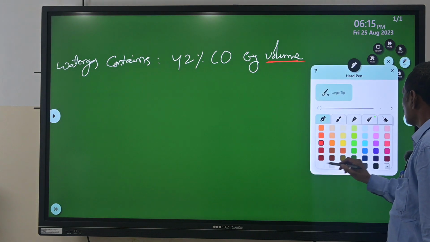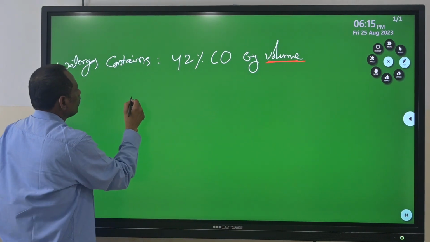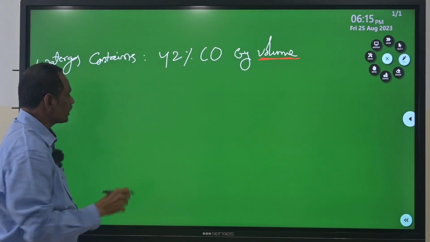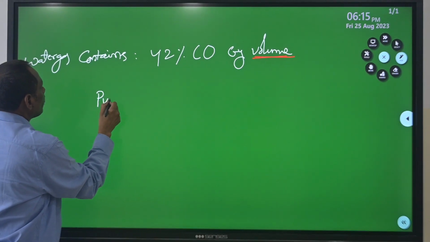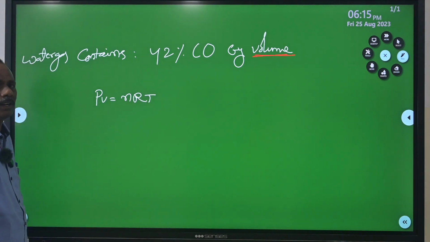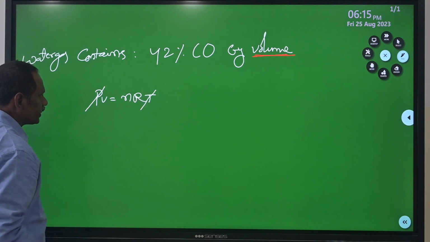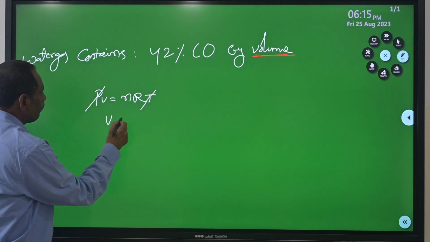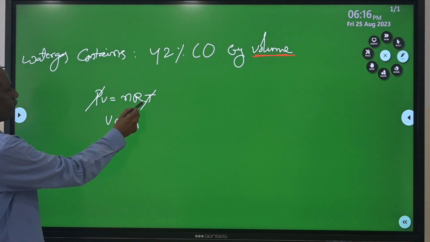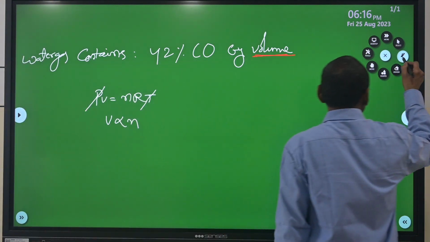That means the water gas contains 42% by volume. Here the principle is PV equals nRT at constant pressure and constant temperature. V is proportional to n, because pressure is constant, temperature is constant, and R is already a constant.